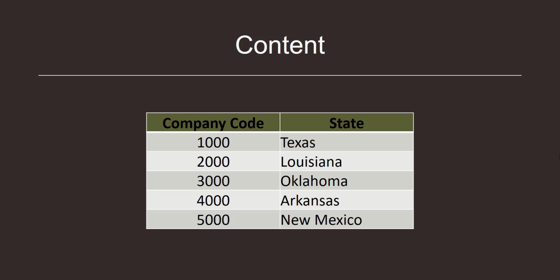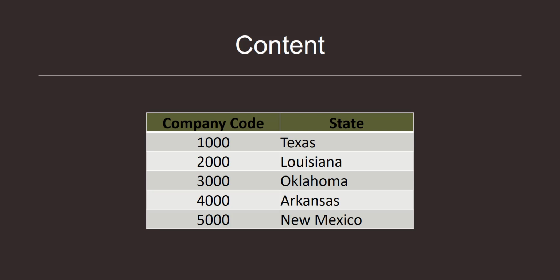I can use true at the end of that VLOOKUP to have Excel look at the range. Everything between 1,000 and 2,000 is Texas. So if it was false, then only customers with a code of 1,000 exactly would be labeled Texas. Customers with 2,000 exactly would be labeled Louisiana. But if I use true, then everything between 1,000 and 2,000 is Texas.